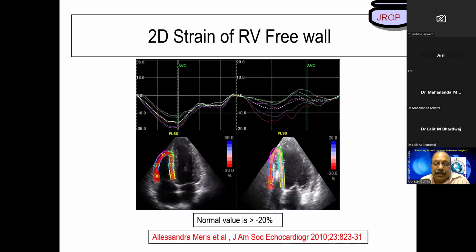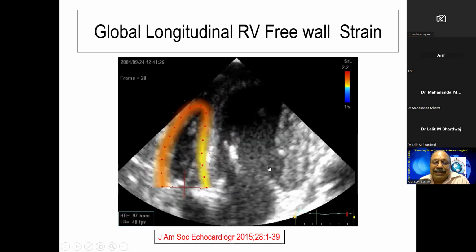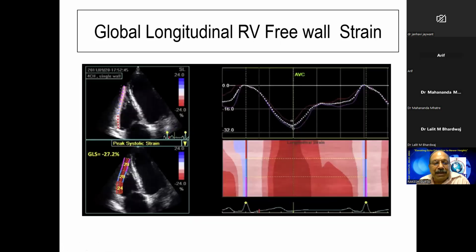And the third important thing to differentiate RV function is when we have apical sparing with reduced mid and basal RV free wall. What was the concept when we read the McConnell sign? You remember that McConnell sign? Yes, sir.